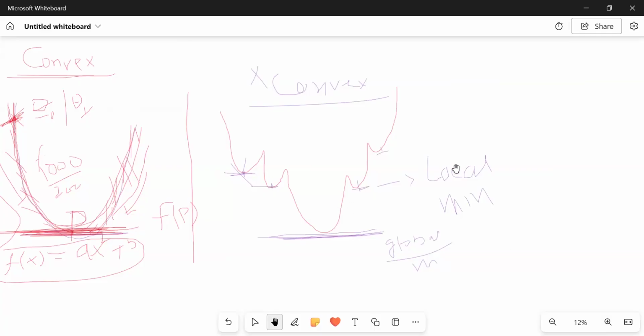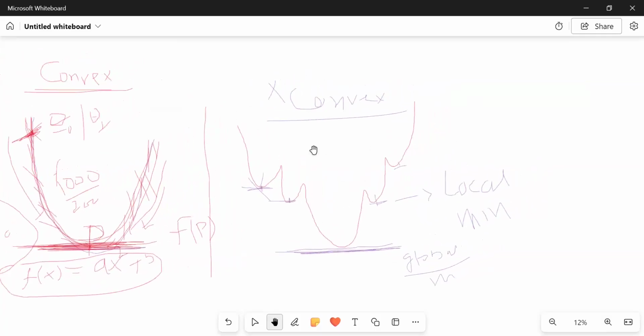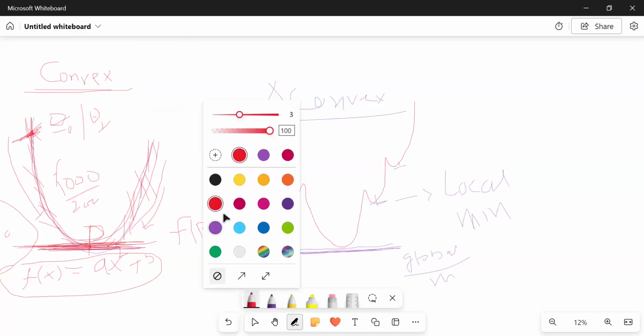For example, let's suppose in this non-convex graph I'm applying the gradient descent process.